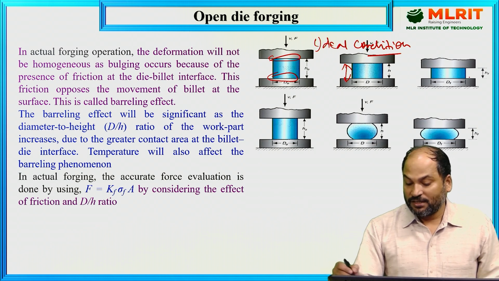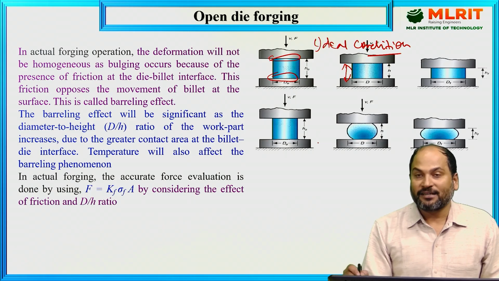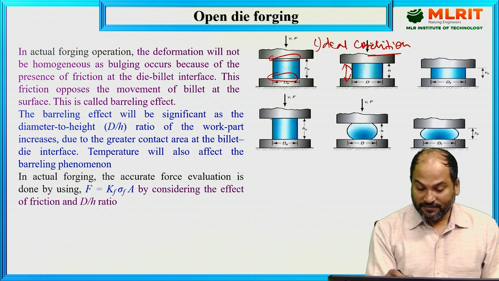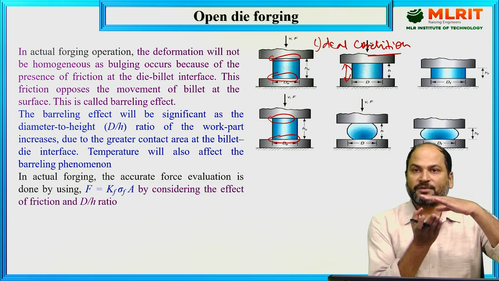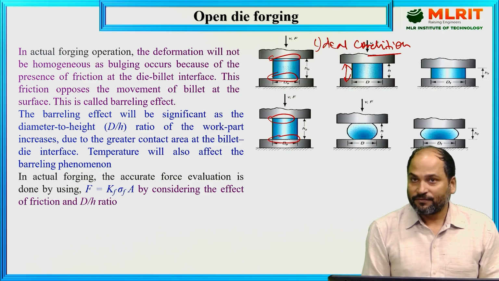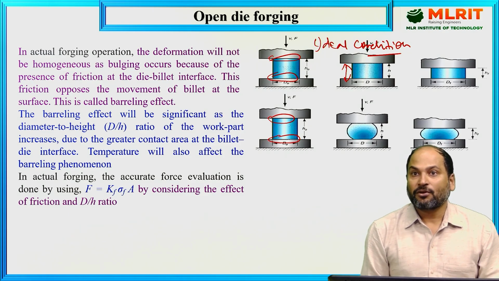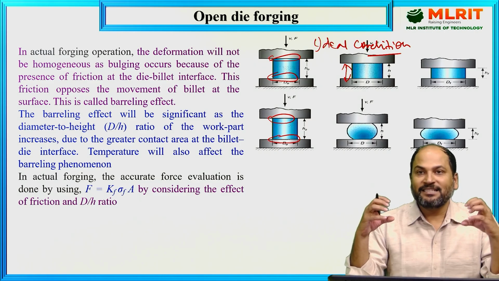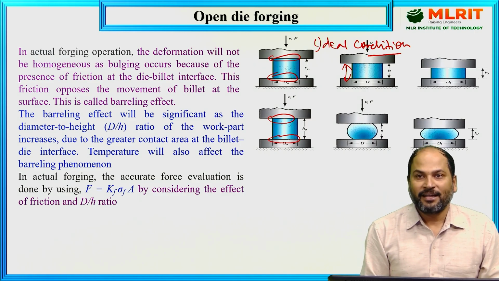But this is not the case here. This is actually not an ideal case. There is friction here, there is friction here. Wherever the workpiece is in contact with the die, there is friction, and because of the friction, deformation is not homogeneous. Throughout the height, whatever the increase is in the cross-sectional area, it is not uniform.